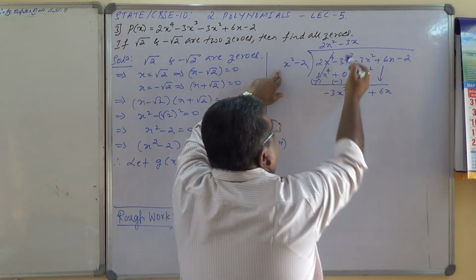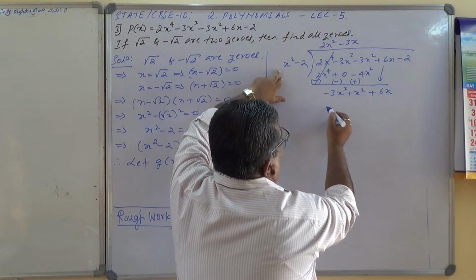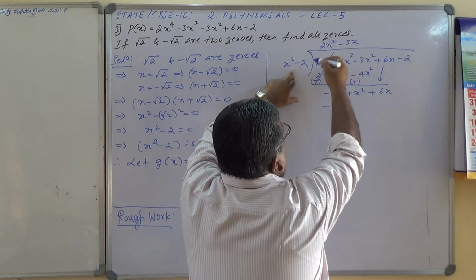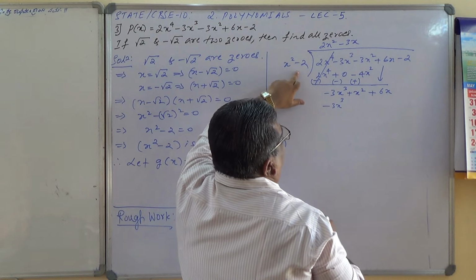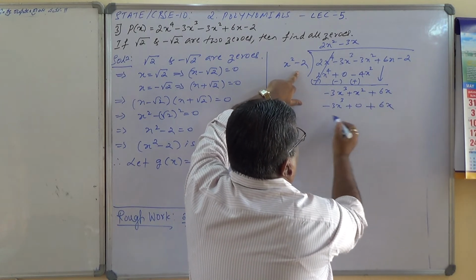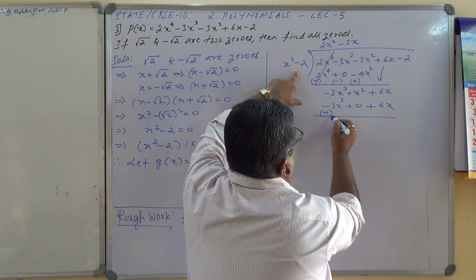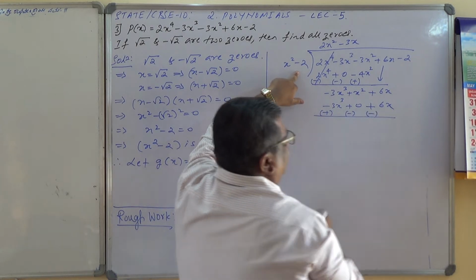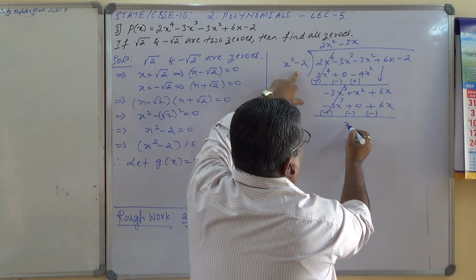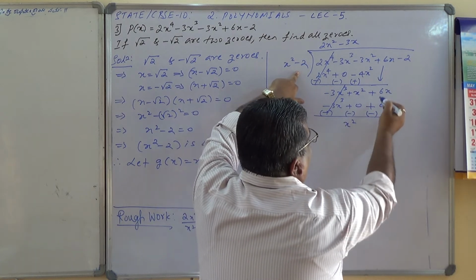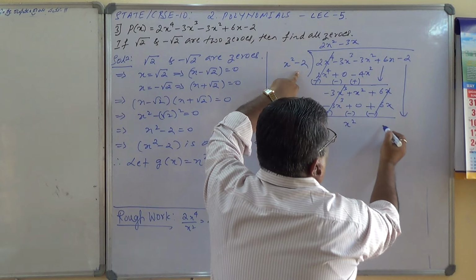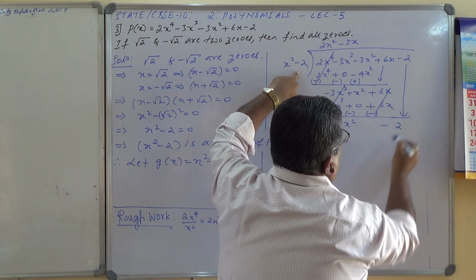So x square into minus 3x is minus 3x cube, and minus 2 into minus 3x, minus of minus plus, 2 into 3 is 6x. Change the signs. This will cancel, this will become x square, plus 6x minus 6x cancels, pull down 2, which is minus 2 here. Is it right?